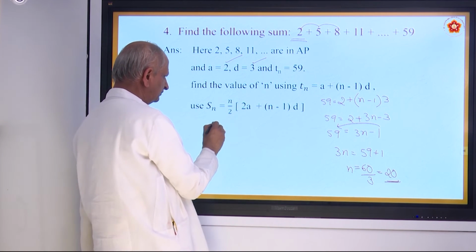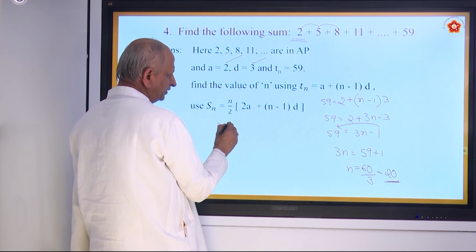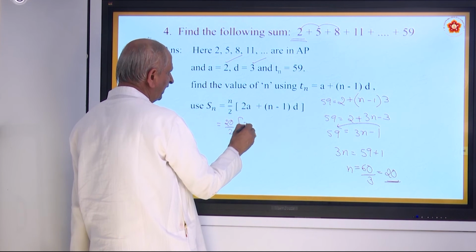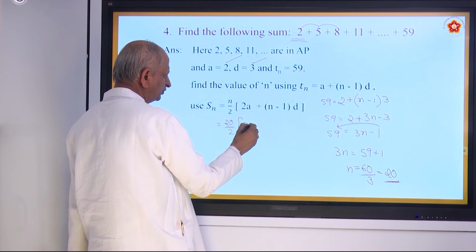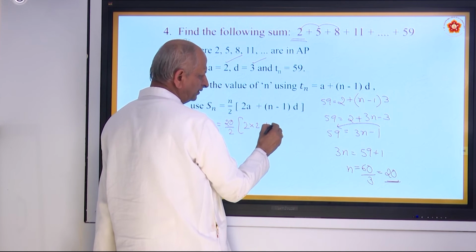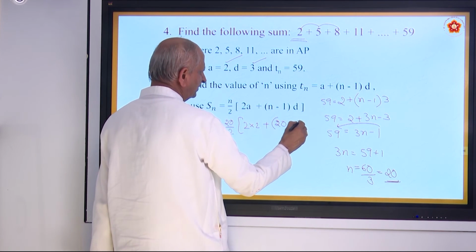That you take here. Sn is equal to n by 2 into 2a, n is 20, a is 2, plus n minus 1 into d. So 20 minus 1 into d, d is 3.